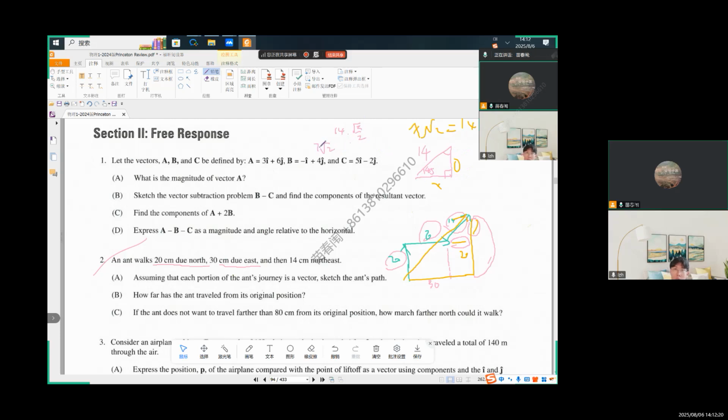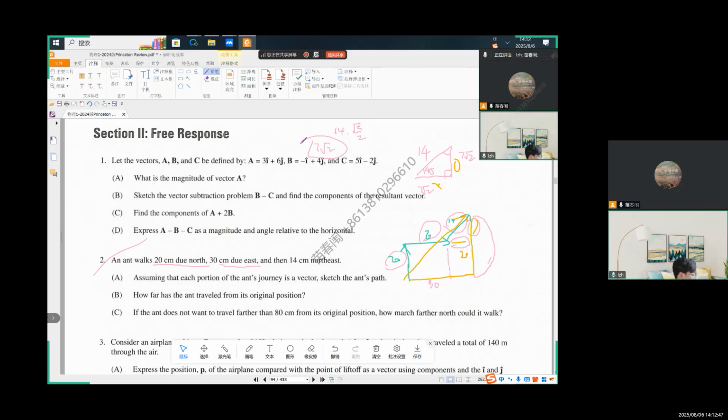So 7 times 1.4 is around 10. So let's say this is 7 square root 2, and there's also 7 square root 2. Okay, we can use trigonometry still then. Does that make sense? Can you find what 7 square root 2 is? I think it's a little under 10.